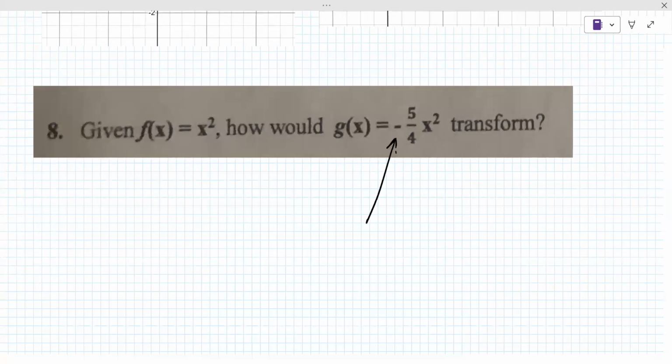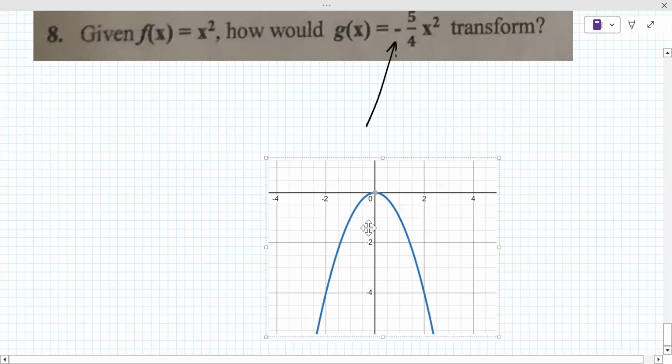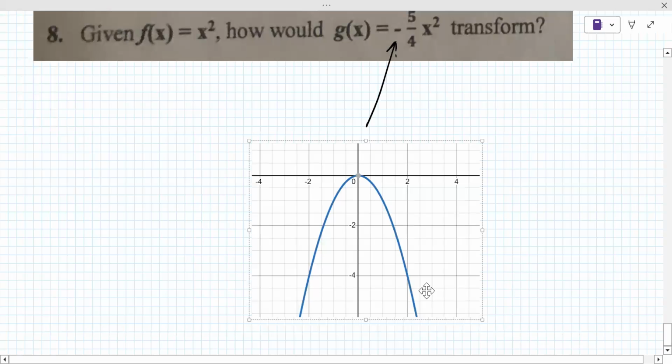Do you remember that? It makes the shape curve down. Yes, really good. So here we go. I'm going to snip that in here. You can see that it causes the graph to go down.